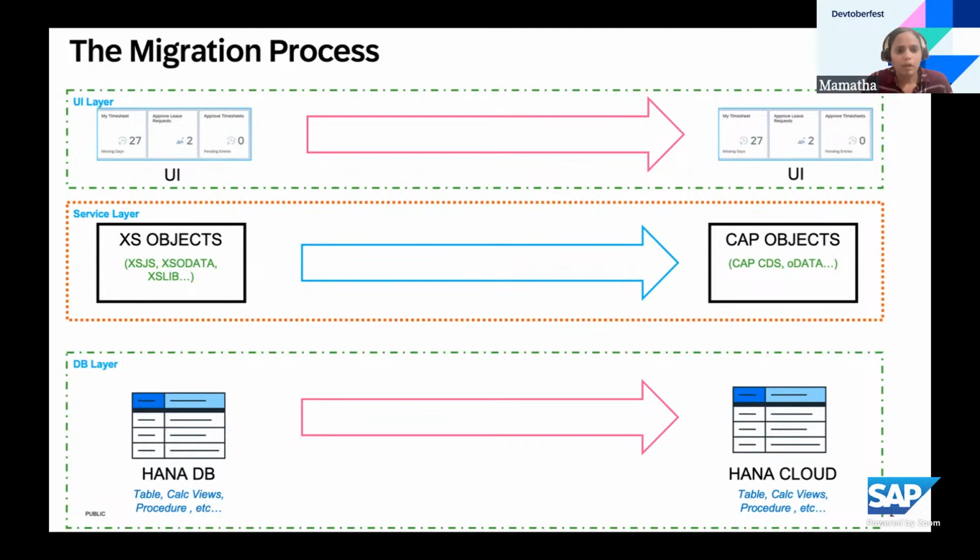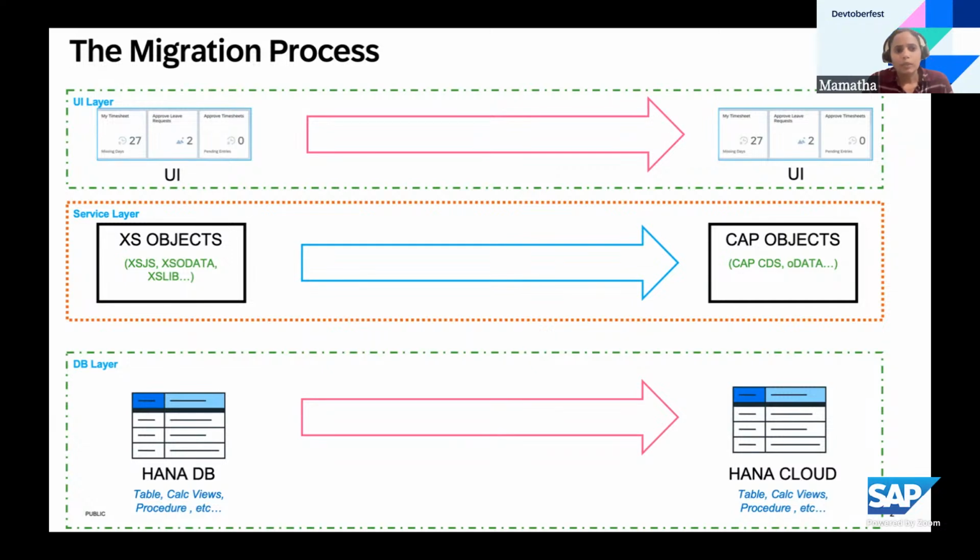This would take a lot of effort from the person involved in this migration. That person should be well aware of these application programming models and also the framework that is required. So this would take a lot of effort if they want to migrate these XS-based applications manually.